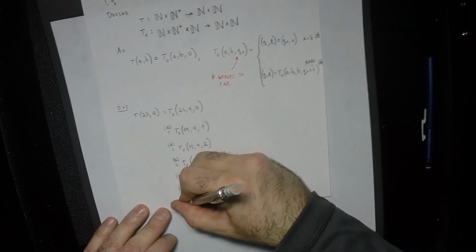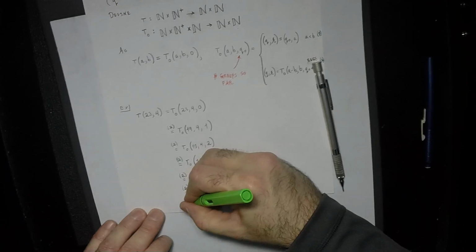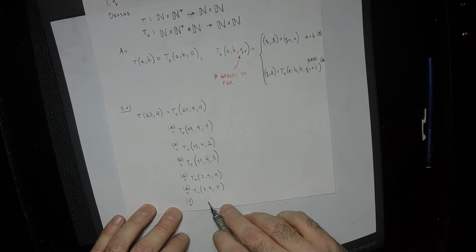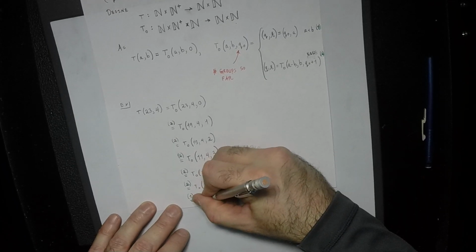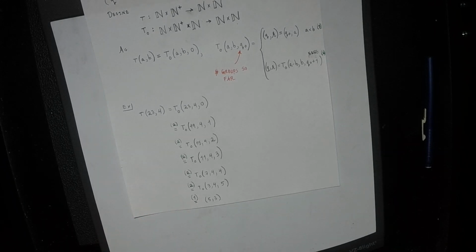And then, with arguments 3, 4, and 5, what clause? The first clause, right? And what's the answer? 5 and 3. Which is to say that the quotient is 5 and the remainder is 3. Ah, that's pretty nice.